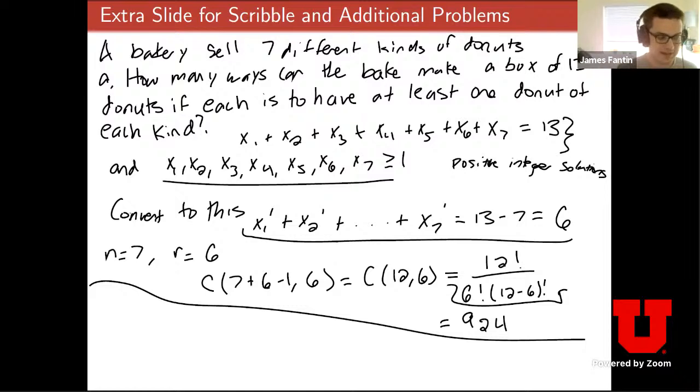What we did is we said, if I wanted positive integer solutions to this, it's difficult to count directly. But if I just subtract 1 from each of these, now I can just look at non-negative solutions to this, and that'll give you the exact same answer. So my guess is there must be something wrong in a calculation somewhere, because that really is the strategy that we did here.